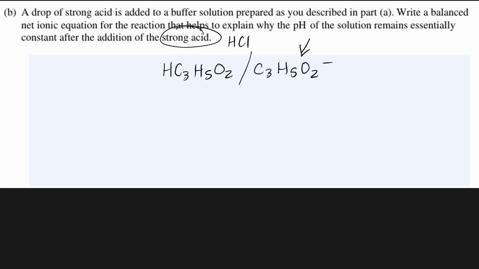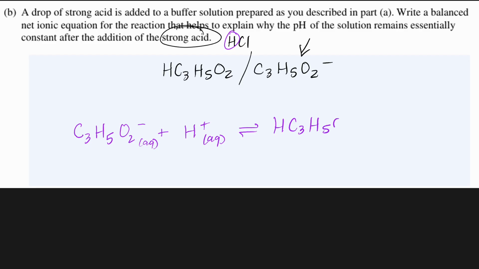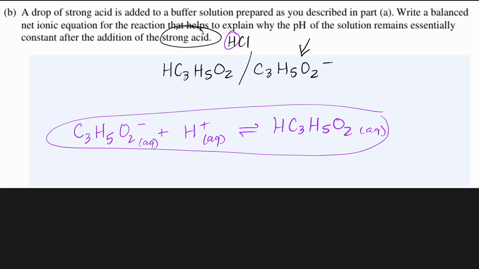So if we wanted to write out our net ionic equation, that's why I separated this from HCl or whatever strong acid you want to use, we would write our net ionic equation as the conjugate base, because that's what's reacting with the acid, plus our H+ ion, and then it would form our original weak acid. And that is our answer.